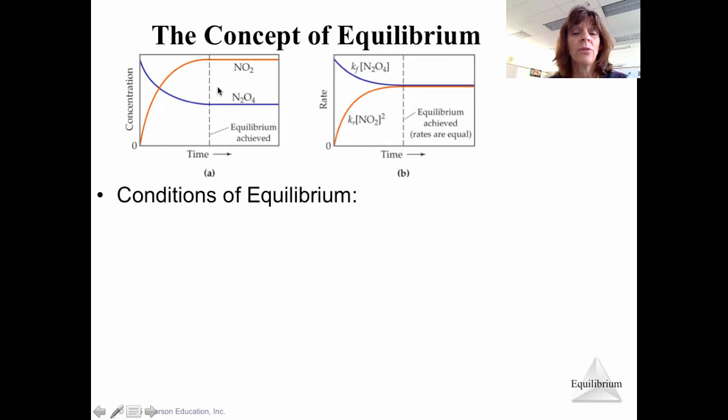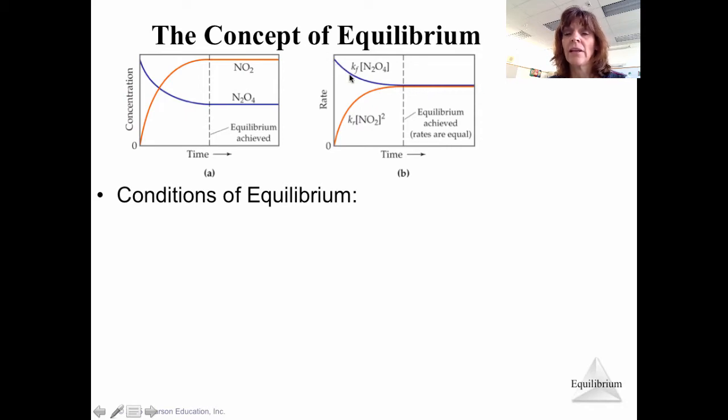But the N2O4 doesn't disappear completely, and it remains at a constant concentration, as does the NO2, at some point in the reaction. So if you look at the rates, the N2O4 is slowing down in its decomposition.